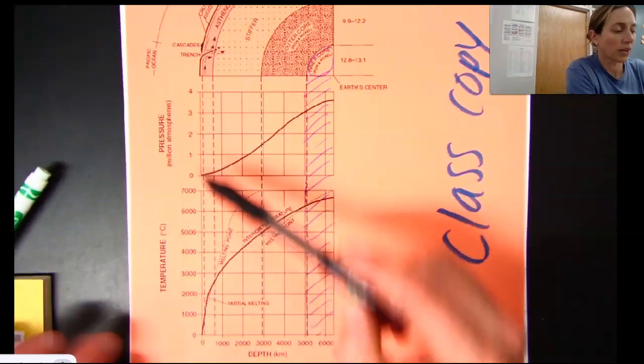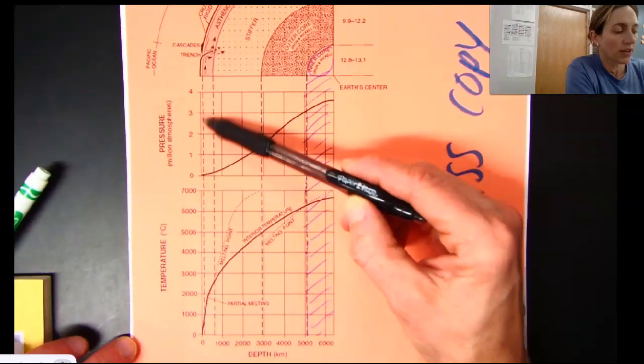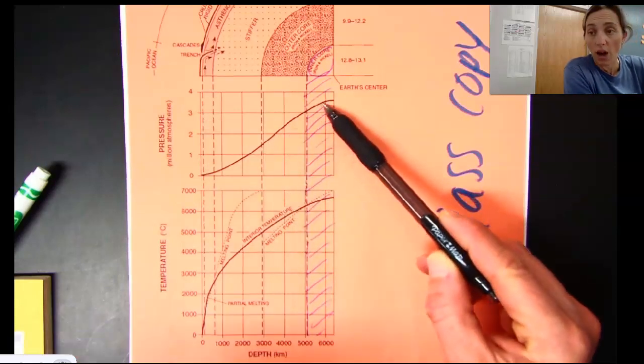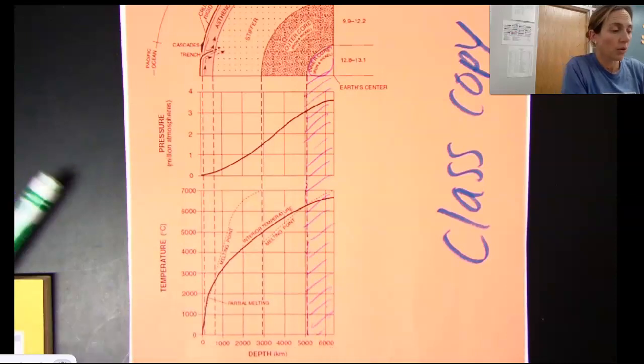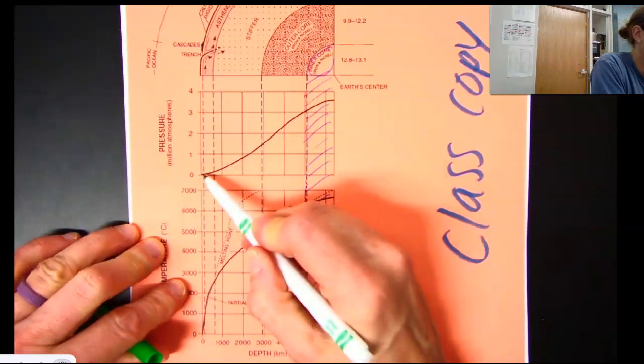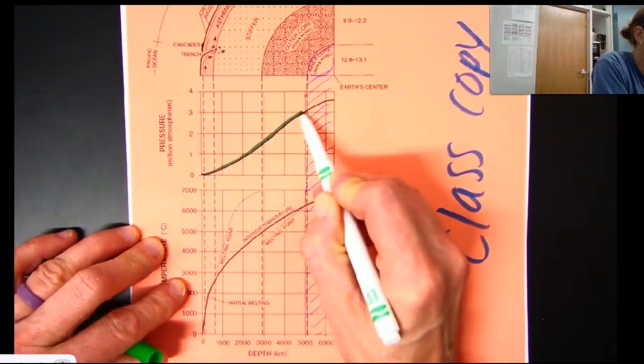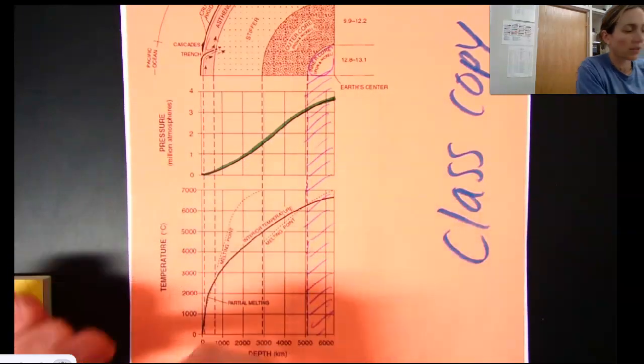Okay, so take a look at this. Pressure is increasing, the line's going up as we go deeper into our planet's interior. Okay, we'll talk more about that definitely this week and next. I'm going to highlight that line so you guys can see a little bit better.